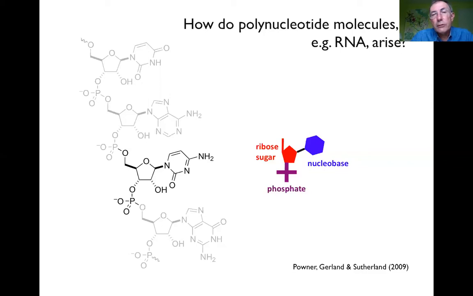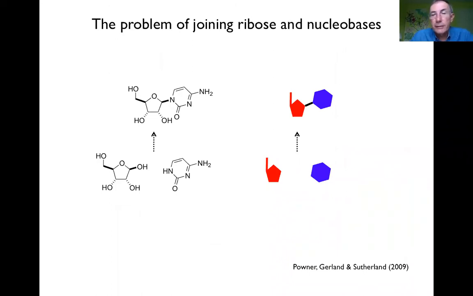But when a chemist looks at this monomer, the nucleotide, it naturally falls into 3 pieces: a nucleobase, a ribose sugar, and phosphate. And for many years, for 50 years, people would synthesize those pieces, the individual parts, particularly the ribose sugar and the bases, and would try to essentially stick them together.